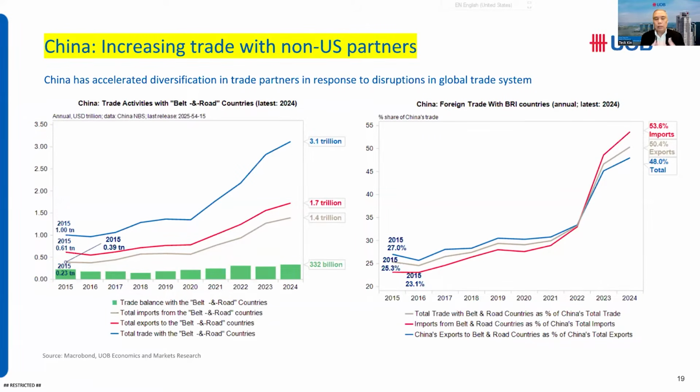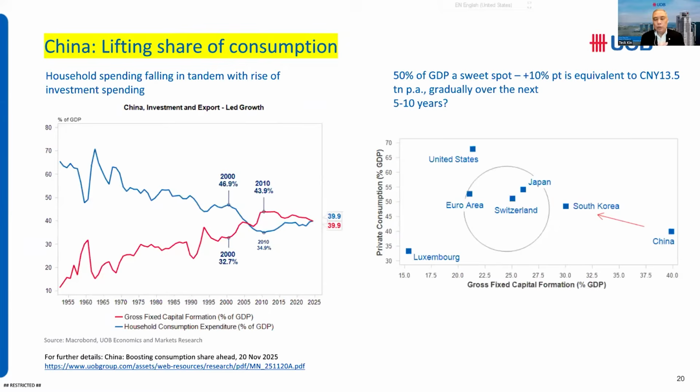China is doing a lot more with the region, and as long as China is holding up, we should be able to benefit from China's continued growth as well, because in China's scheme of things, what we are seeing here is that there will be some increase in the share of consumption in its business activities, right?